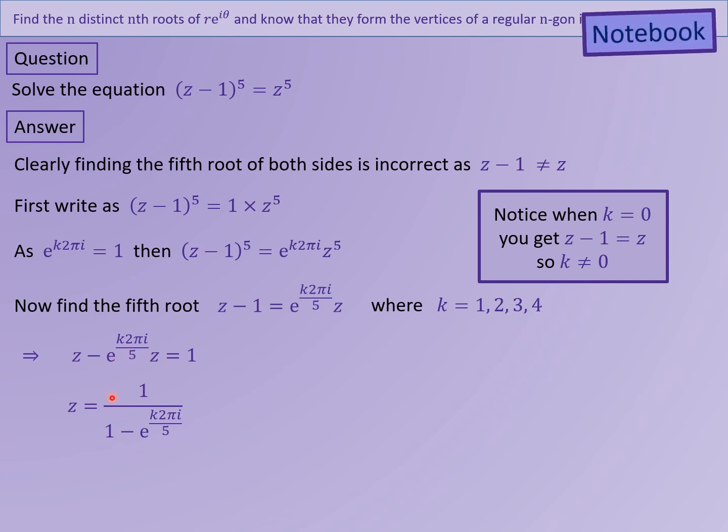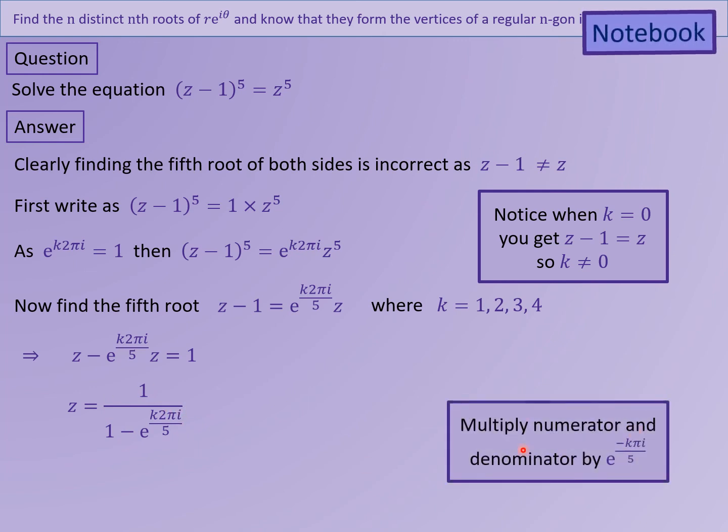So I can see I'm dividing by 1 minus that. Why does that help me? Because then I can multiply by its complex conjugate. We talked about this in the previous complex numbers part: if I want to cancel any imaginary parts off the denominator, then I can multiply by the negative version of it.